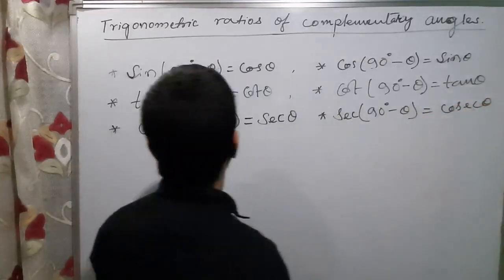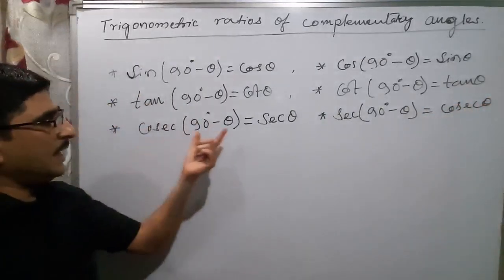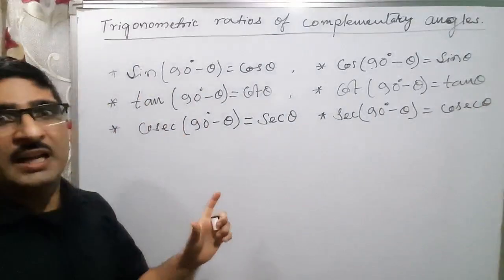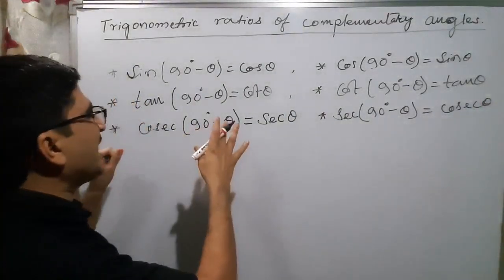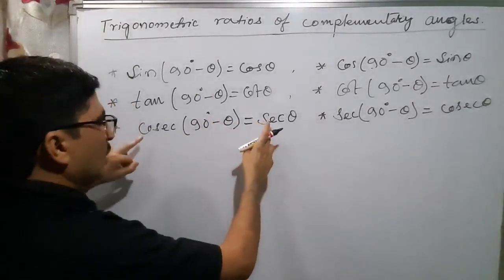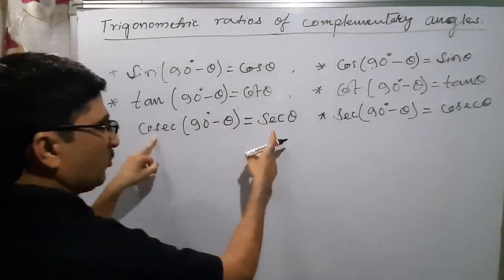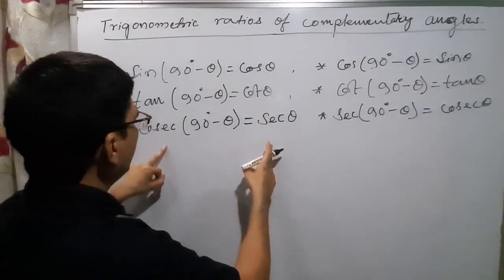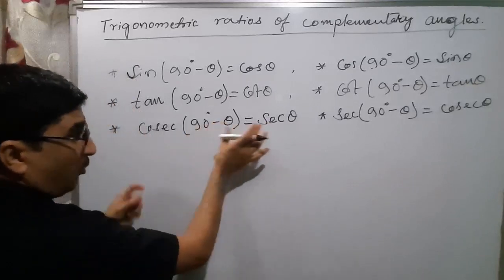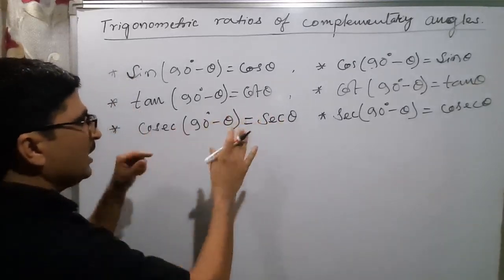Now here cosec and sec are in complementary relation. We didn't get any relation between cosec and sec before this. They are not reciprocals, neither are they in quadratic relations. They have only the complementary relation.